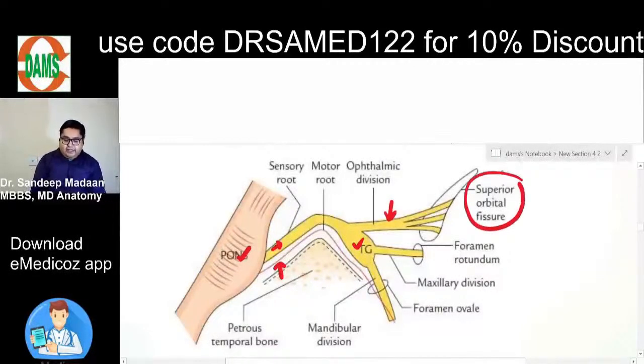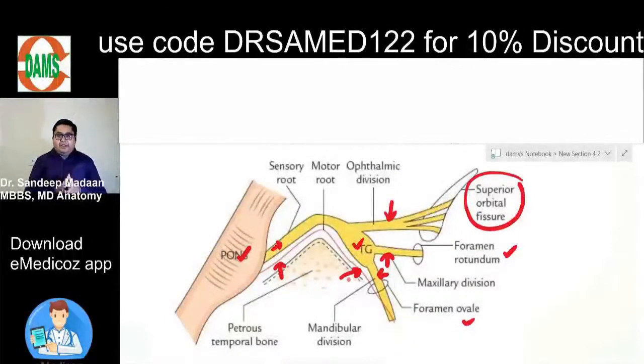Then the second division, the maxillary nerve, exits from the next available foramen, foramen rotundum. And the third division is the mandibular nerve, which will exit from the foramen ovale. But the mandibular nerve's sensory branch is joined by this small motor root. So it becomes basically the mixed nerve. Is that clear?